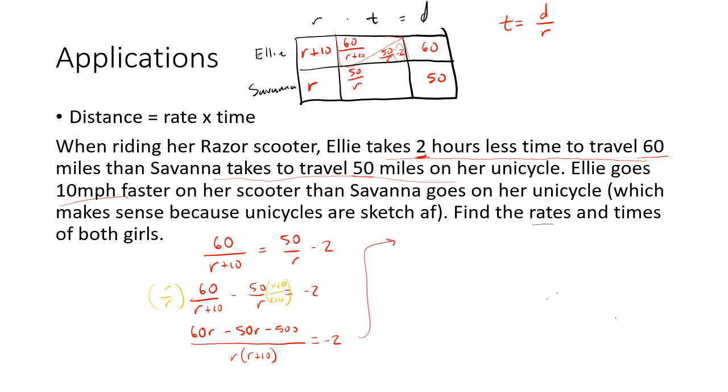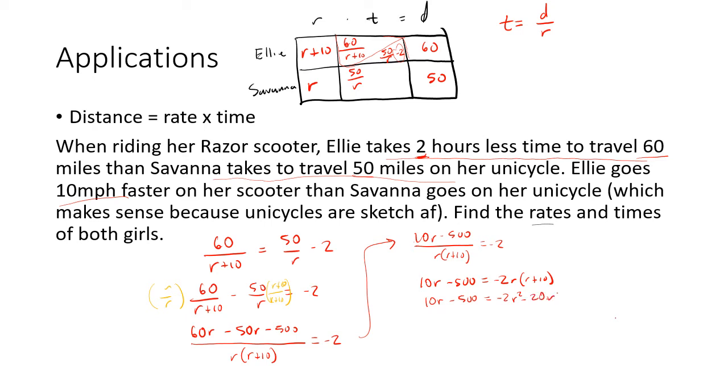If we simplify this, we have 10R minus 500 divided by R times R plus 10 is equal to negative 2. Let's multiply both sides by our denominator. We'll have 10R minus 500 equal to negative 2R times R plus 10. Multiply this out: 10R minus 500 is equal to negative 2R squared minus 20R.